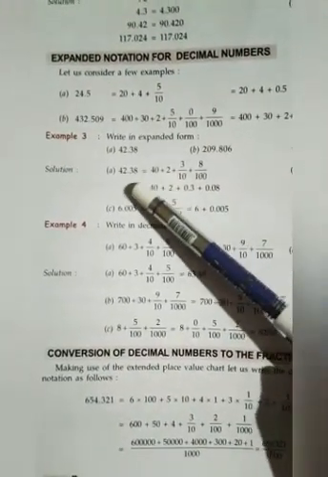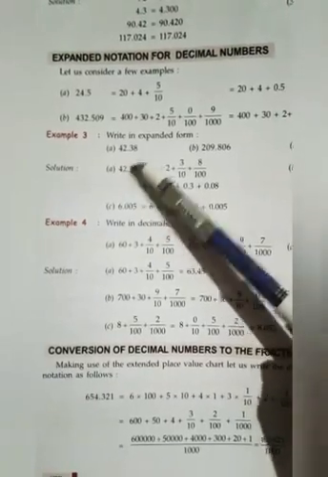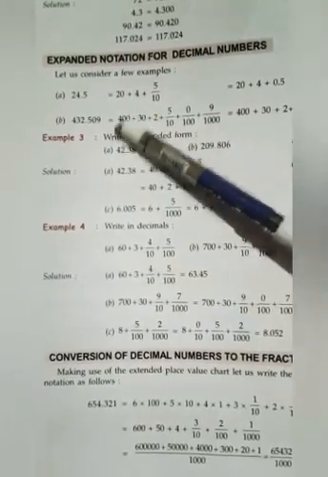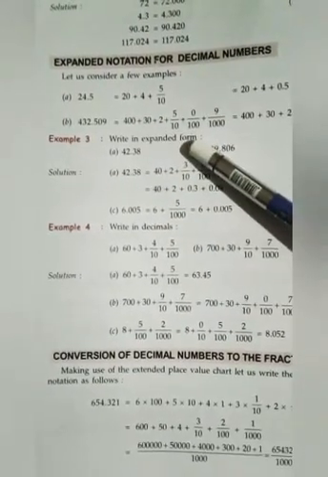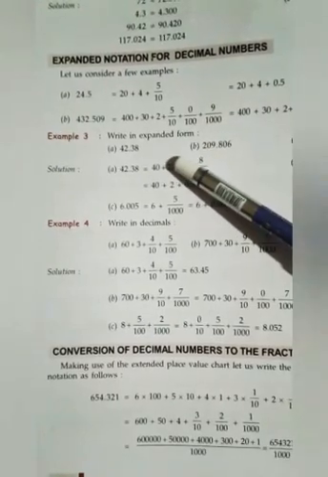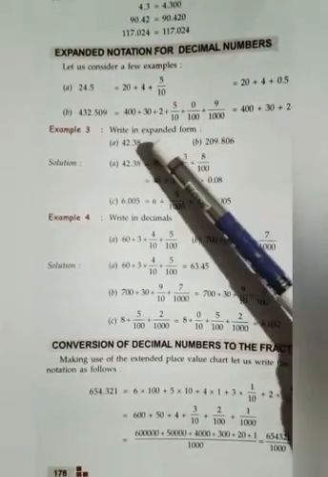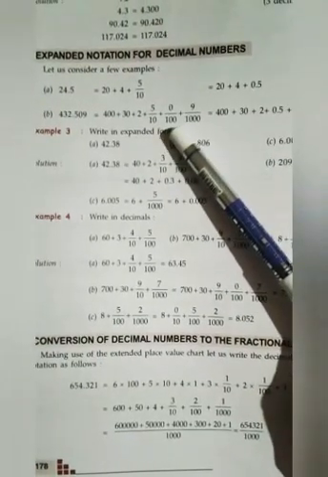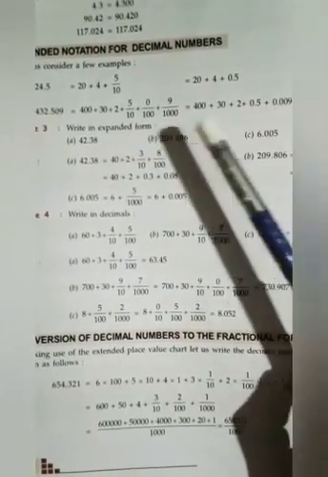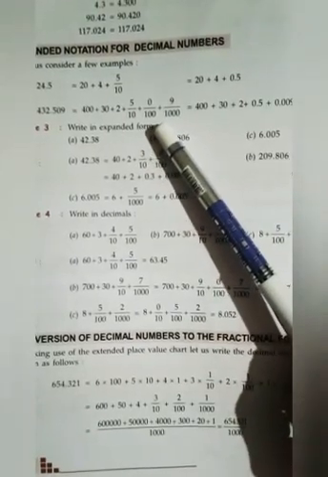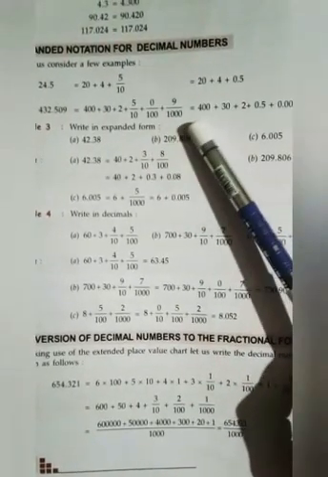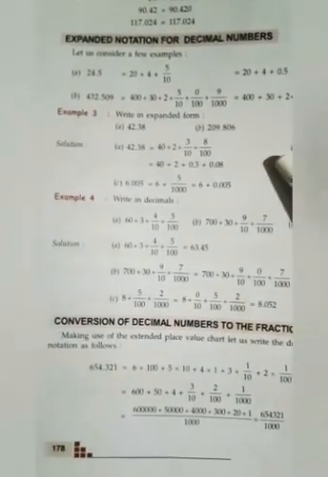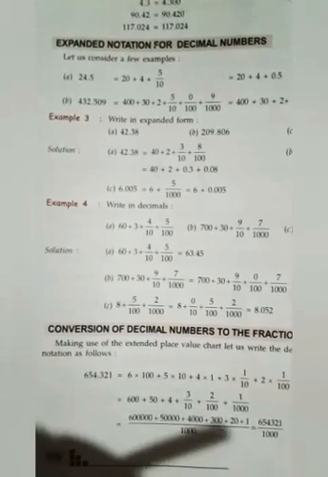Then 432.509 equals 400 plus 30 plus 2 plus 5 by 10, 0 by 100, plus 9 by 1000, equals 400 plus 30 plus 2 plus 0.5. Then the value is 0, so ignore it, plus 0.009.